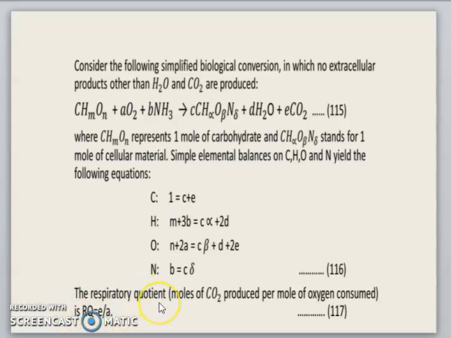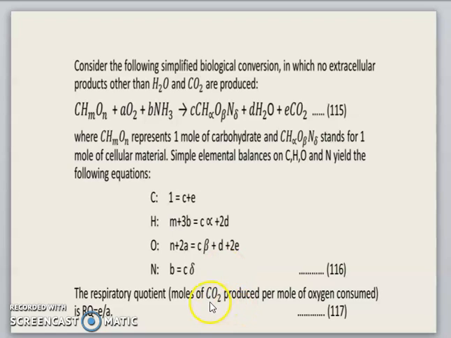The respiratory quotient, RQ, is the moles of carbon dioxide produced per mole of oxygen consumed. So it will be based on this stoichiometric equation. RQ is E, moles of carbon dioxide, per A, moles of oxygen. So E over A, depending on the number of molecules.